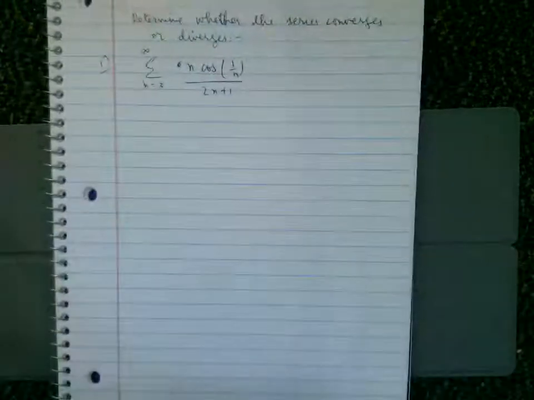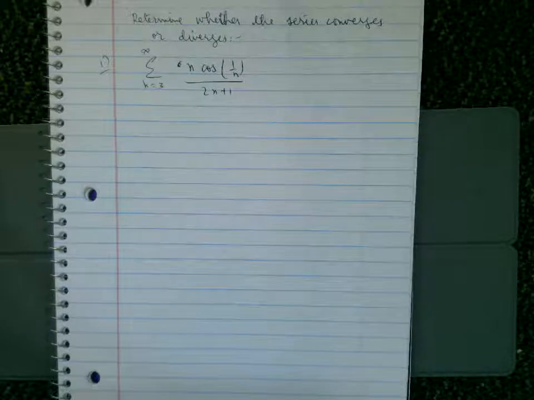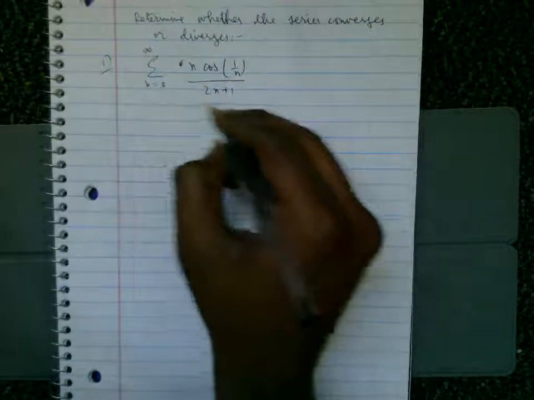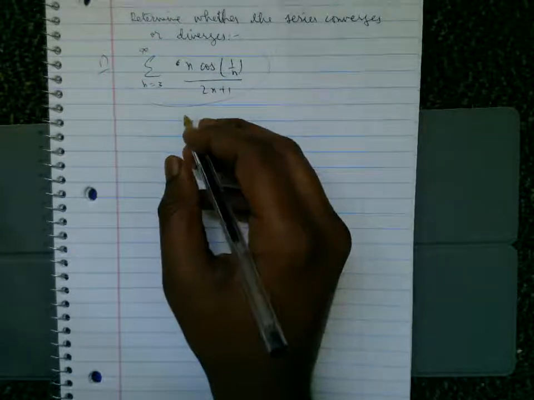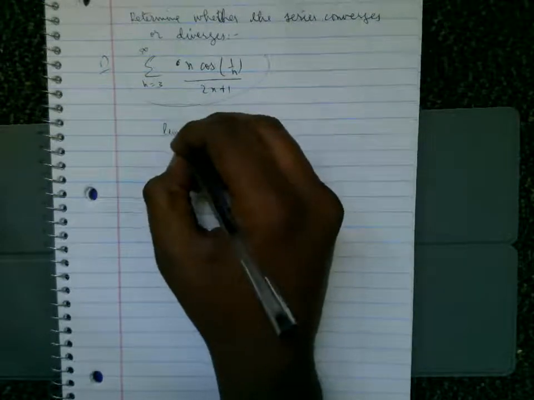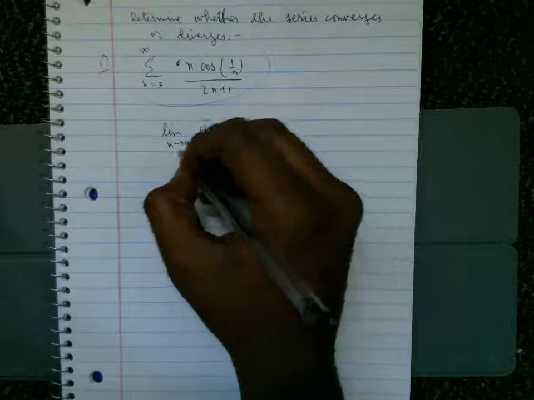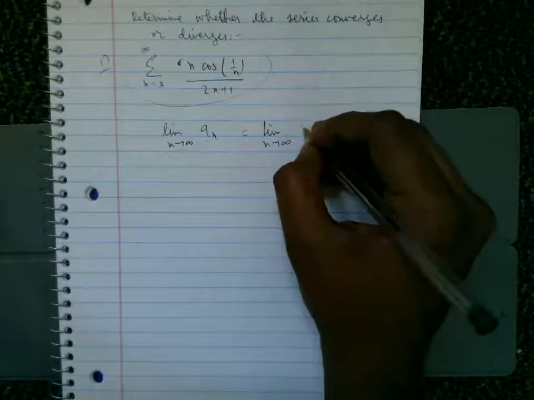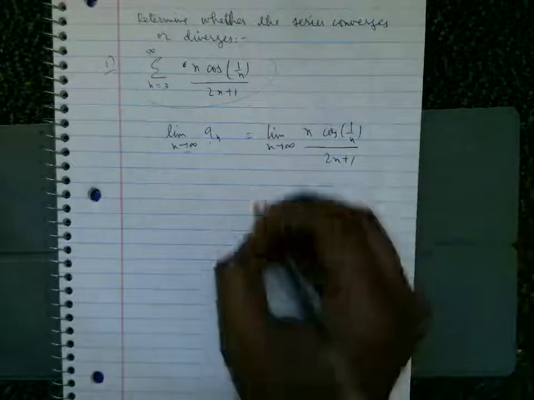Now let's look at another question. Determine whether this series converges or diverges. If we want to know if this series converges or diverges, let's look at the nth term when n tends to infinity. So this is n times cos of 1 by n, divided by 2n plus 1.